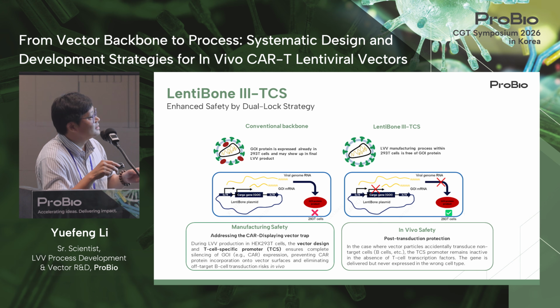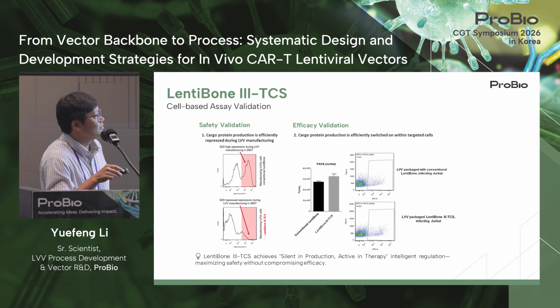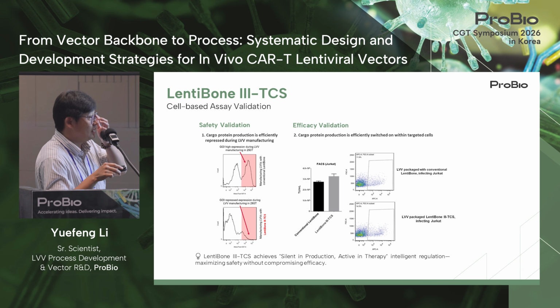So a molecule such as CD19 CAR will not show up during the packaging process. This is what we call silent in production, but active in therapy. The CAR molecule is only expressed after the LV infects the patient's T cells.